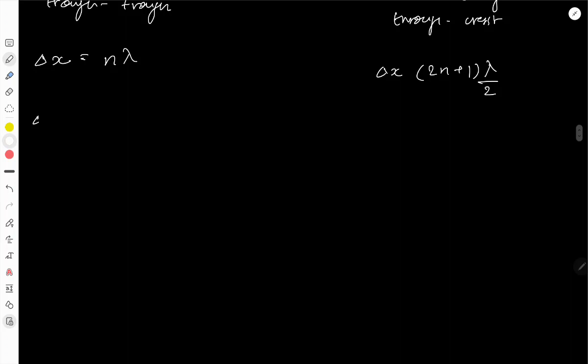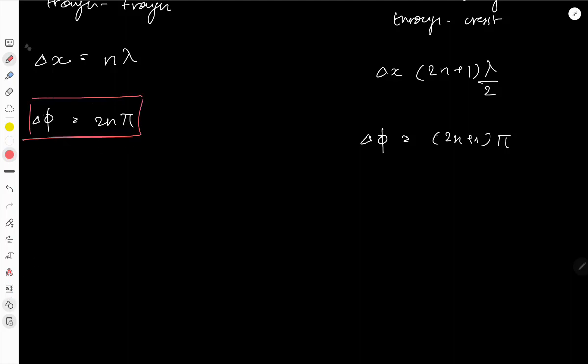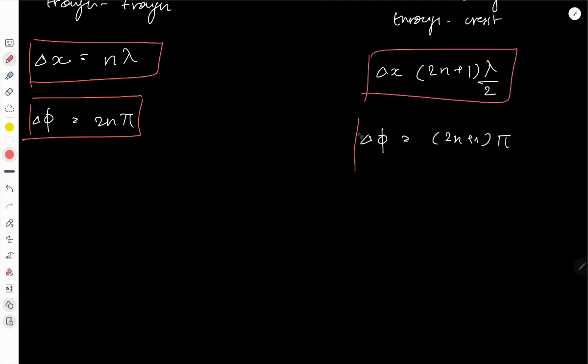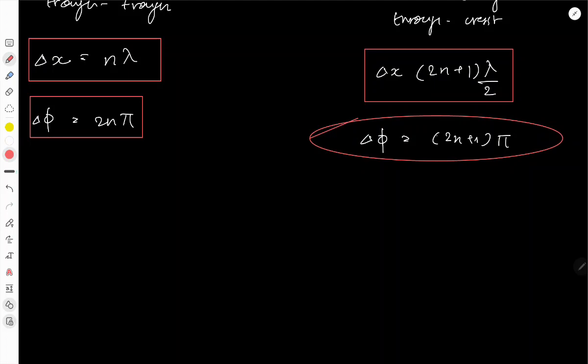The phase difference in the constructive case is an even multiple of pi, and in the destructive case the phase difference is an odd multiple of pi. So these are essential conditions that we just have to know at any cost in order to understand the chapter of waves.